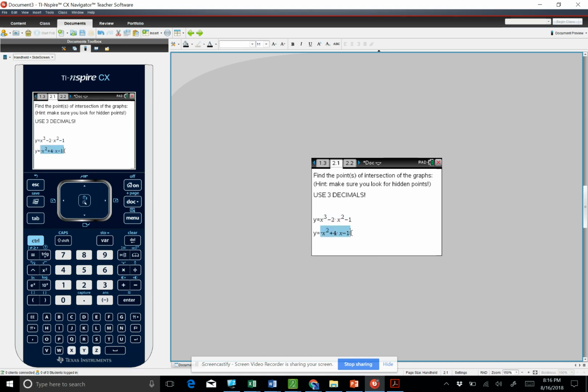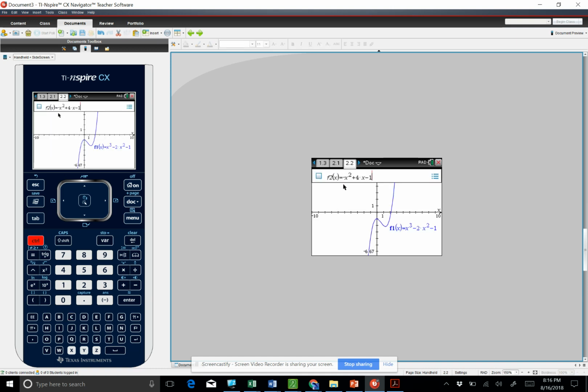And then the second one that it gives us is negative x squared plus 4x minus 1. So it appears right in the window that it looks like it crosses 2 times, but there's a hidden one way down here, so that we have to be careful of. I'm going to move these out of the way.